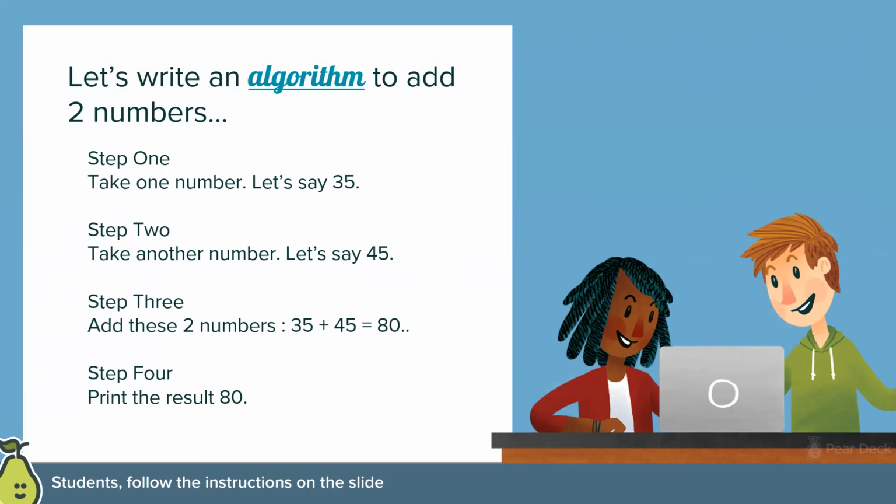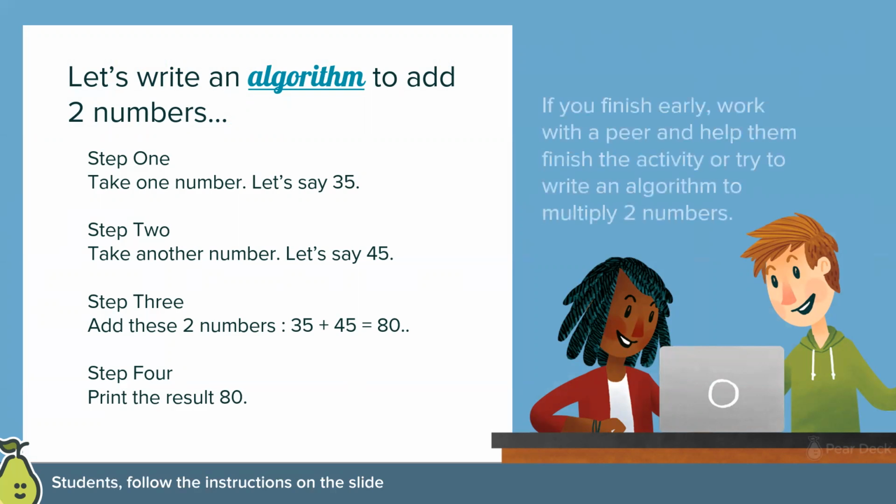And in step 4, we are going to print the result 80. So this is how we are going to add two numbers and print the result. Okay. If you have understood this, you can help your friends with this activity, or you can write an algorithm to multiply two numbers.